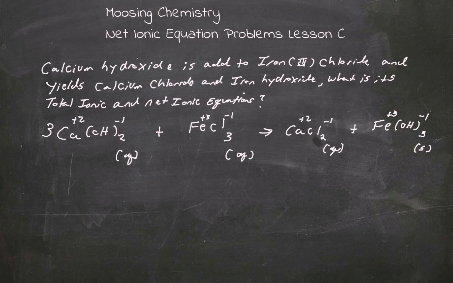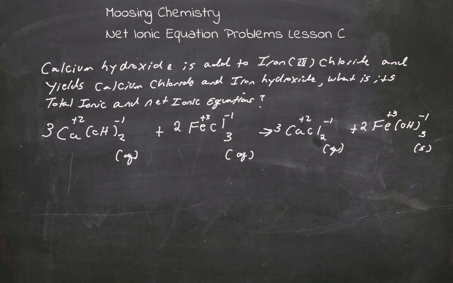Oh yes, we're going to need a 2 in front of here, and we're going to need a 3 in front of here, and of course 2 in front of here. And now we're balanced. One happy family. Okay, so let's do the total ionic equation.